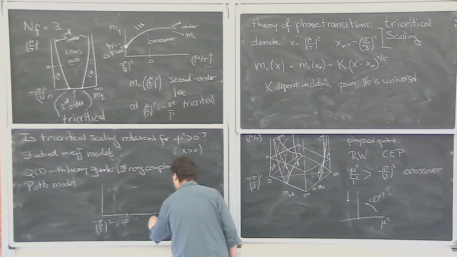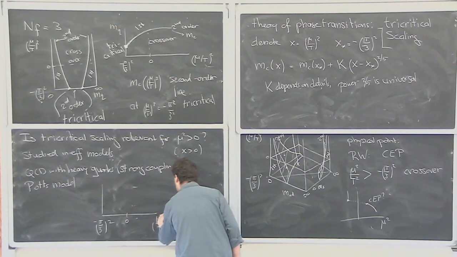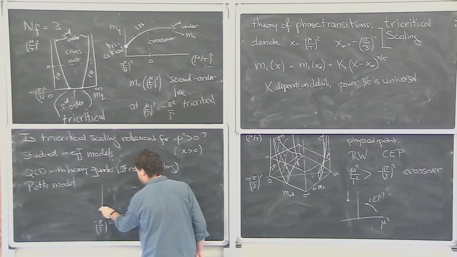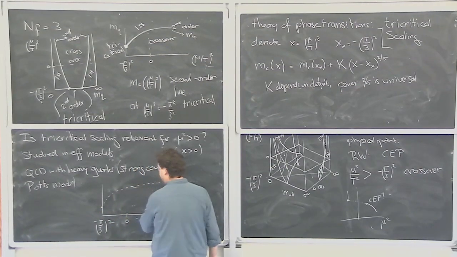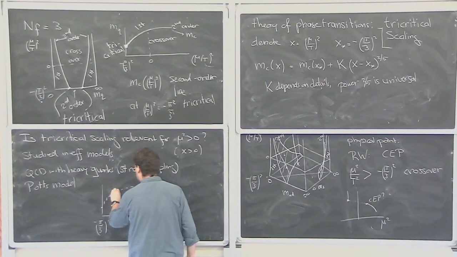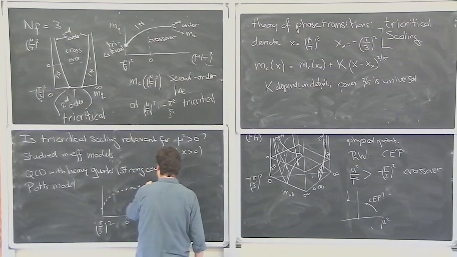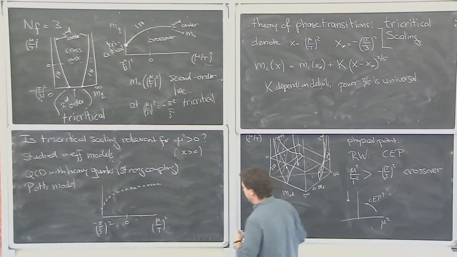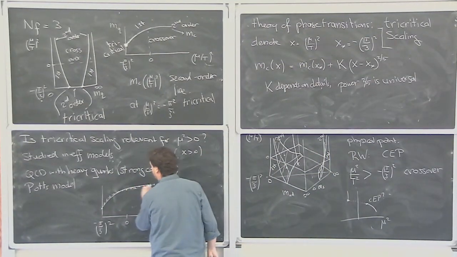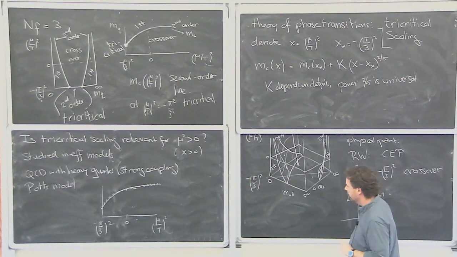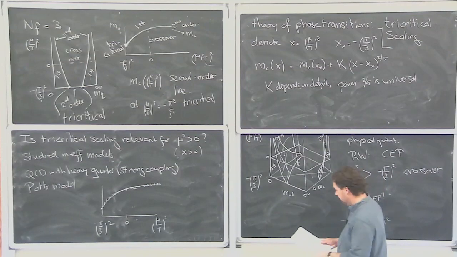So you can do these simulations explicitly. And what you find is that if you do the simulations, you find indeed a curve that looks like this. So let's say there are data points here. And when you draw this line from the tricritical scaling, then lo and behold, this line basically goes through the data points, or vice versa, the data points go through this line.